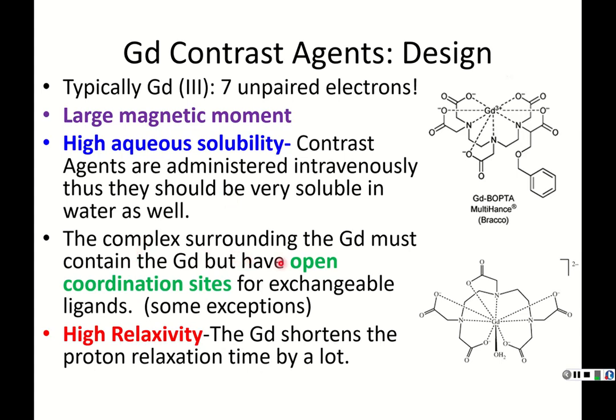The complex surrounding gadolinium must contain the gadolinium, obviously, but also have open coordination sites for other exchangeable ligands, and those other exchangeable ligands will be water molecules. And then the high relaxivity, that might not make a whole lot of sense to you, and it's probably okay if it doesn't in this class, but gadolinium shortens the proton relaxation time by, to use a technical term, a lot.